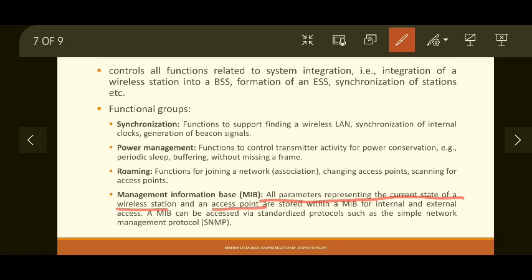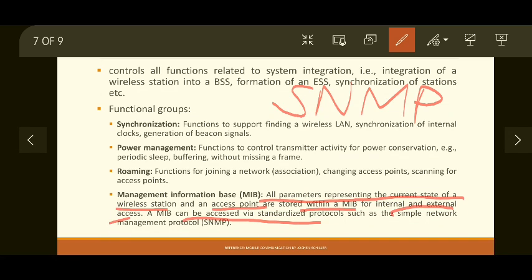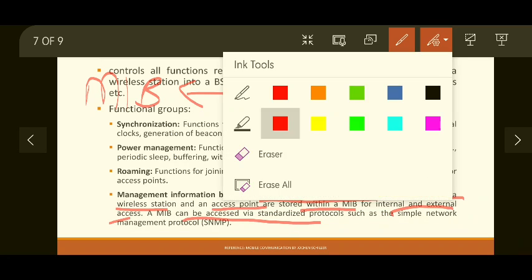That means whether it is using DCF, PCF, what mechanisms it is using, is also stored within a database called the management information base for internal and external access. MIB can be accessed via a simple protocol which we have studied previously in the previous semester, known as Simple Network Management Protocol. So MIB can be accessed via the SNMP protocol.